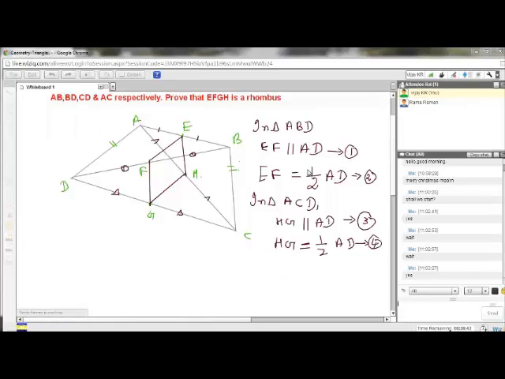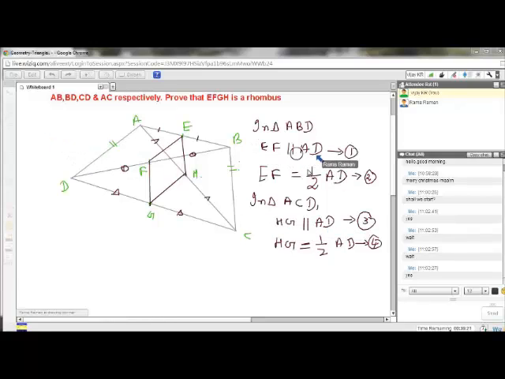Now, let us compare the different expressions which are marked as 1, 2, 3 and 4. See, you take up 1, we have EF parallel to AD, then take up 3, we have HG parallel to AD.